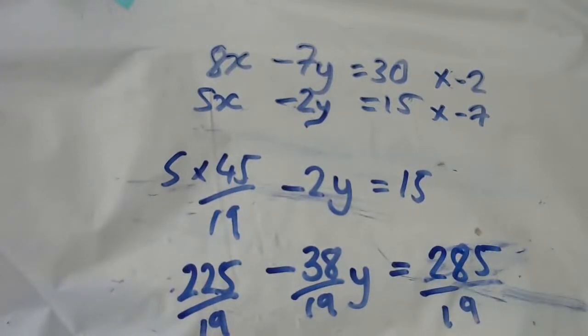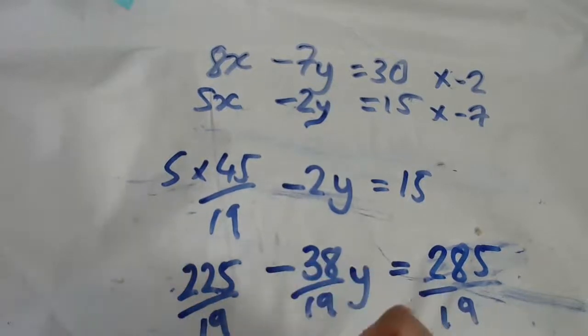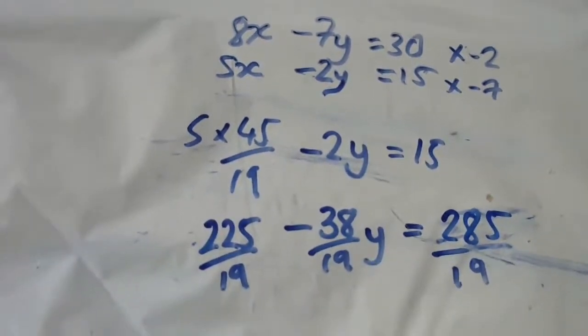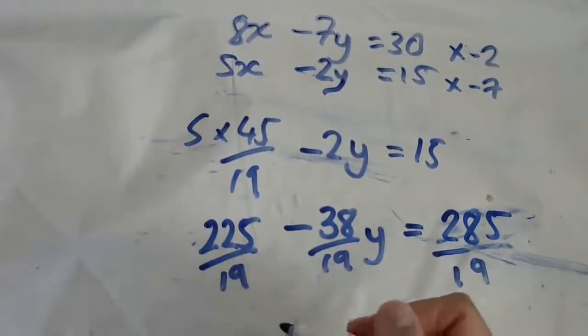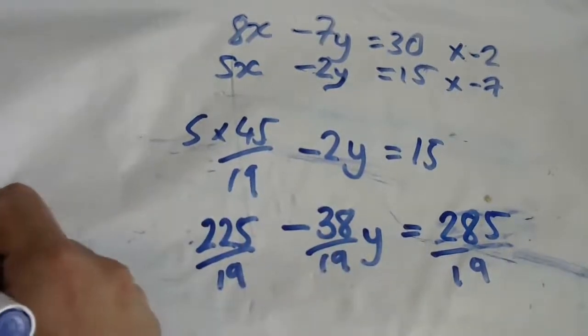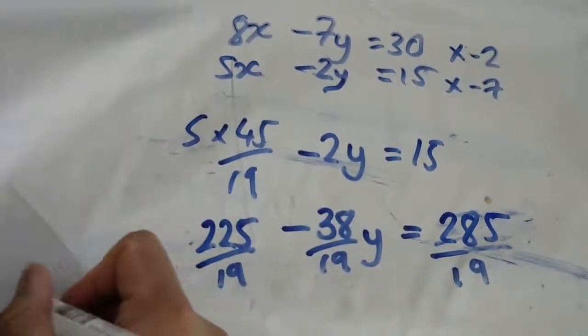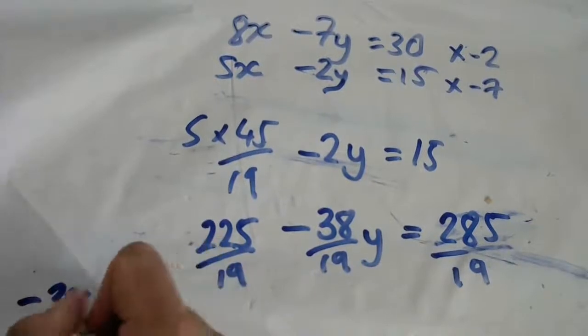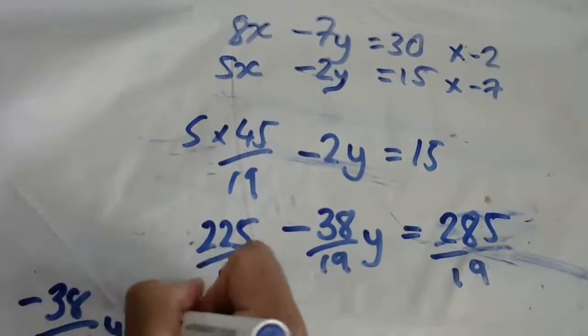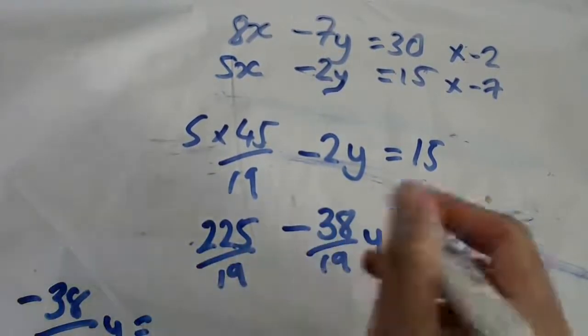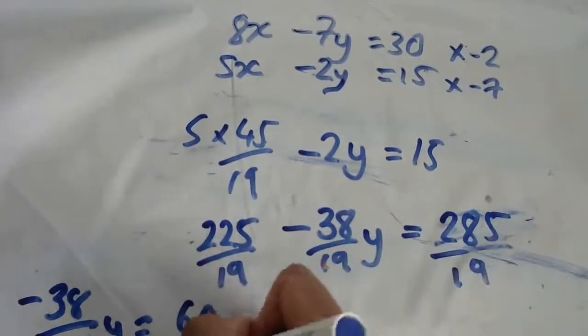So then you subtract 225 from both sides. I'll move this down a little bit. You will subtract 225 from both sides, and that becomes minus 38 over 19y equals 60 over 19. Yeah?